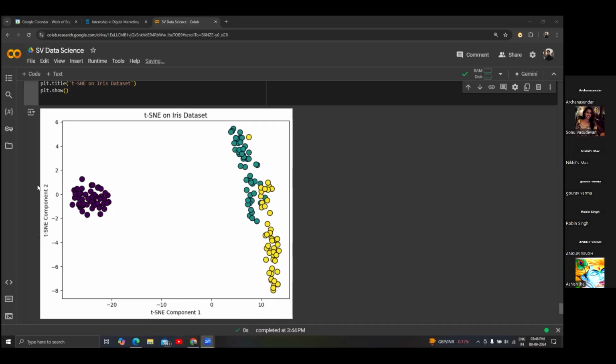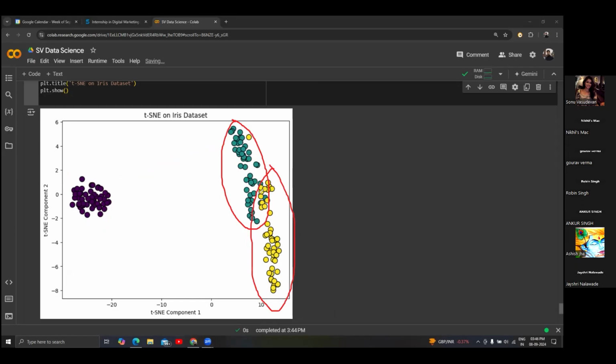Yeah, very mild difference. Correct. Because if you check their petal length, petal width, sepal length and sepal width, there is not much difference. That's why it is falling in. There is not much distance between them. That's why.